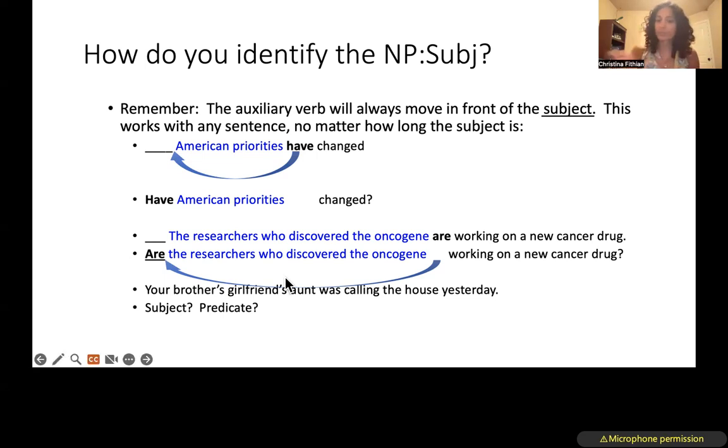And we get, are the researchers who discovered the oncogene working on a new cancer drug? And in this case, that whole thing that's highlighted in blue is a subject. It's not just the researchers, it's the researchers who discovered the oncogene. So this auxiliary movement, or the yes/no question test, is really useful for identifying VP predicates and also noun phrase subjects.